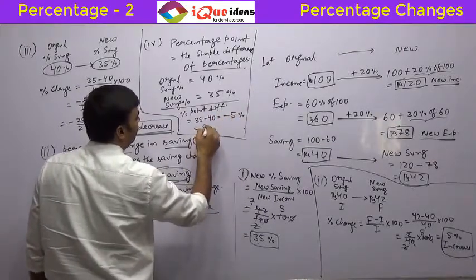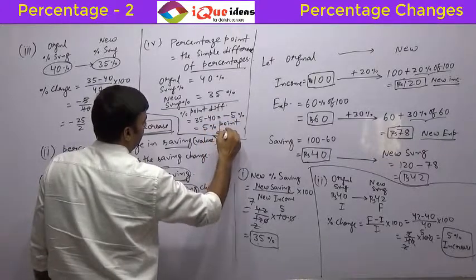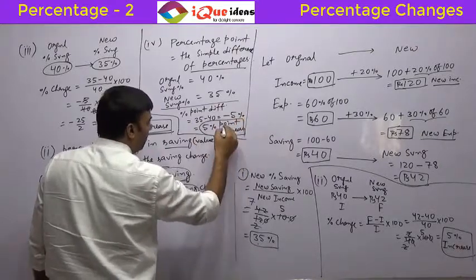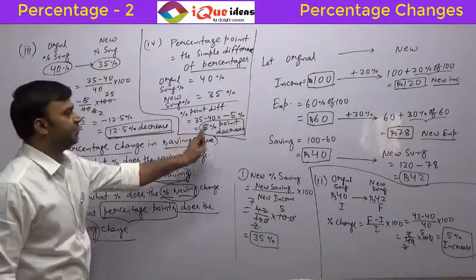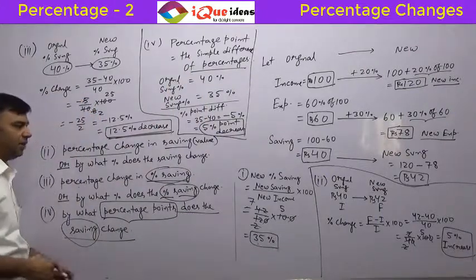Or we simply say 5 percentage point decrease. Remember not to forget to mention the word point. When we say 5 percentage point, that means it is the direct difference of the percentages. It's just a new term that you need to know.